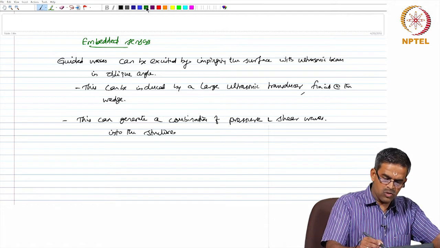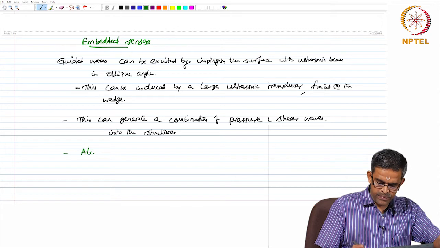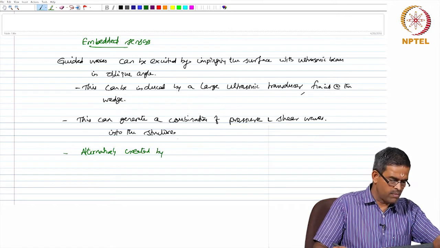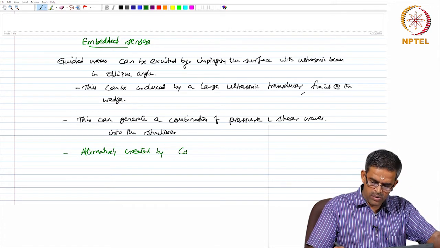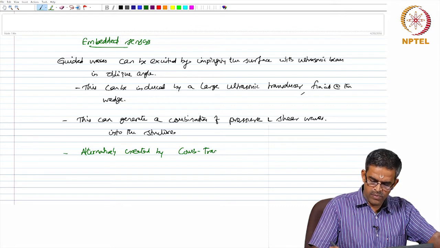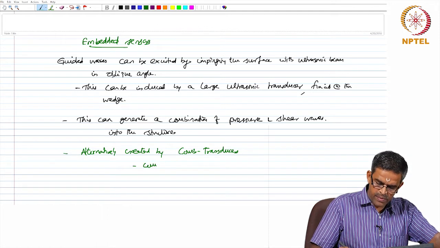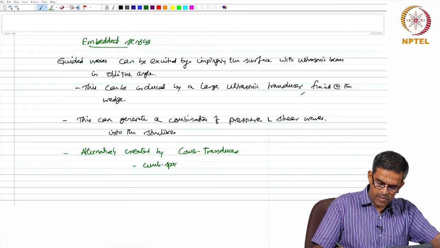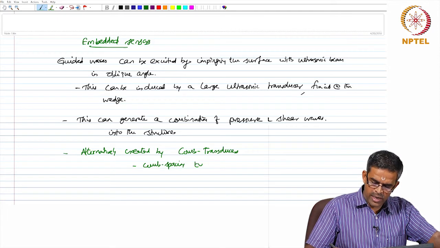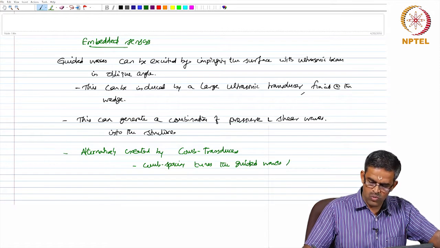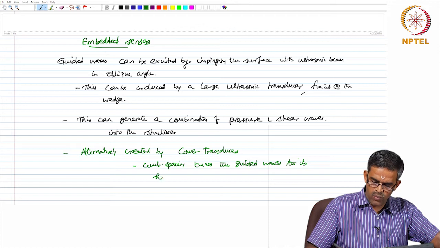They can also alternatively be created by comb transducers. Comb spacing tunes the guided waves to their half wavelength.